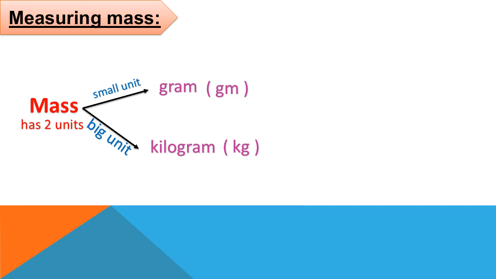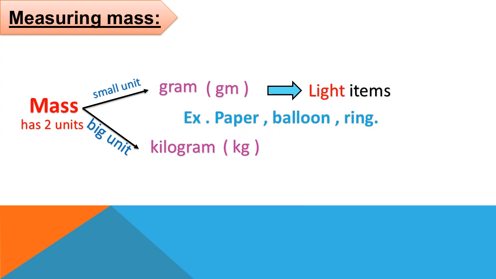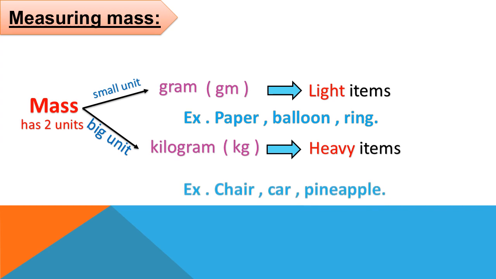We use gram, the small unit, for measuring light items, like paper, balloon, ring, feather. And the big unit, kilogram, its abbreviation is kg, is used for heavy items like chair, car, pineapple.